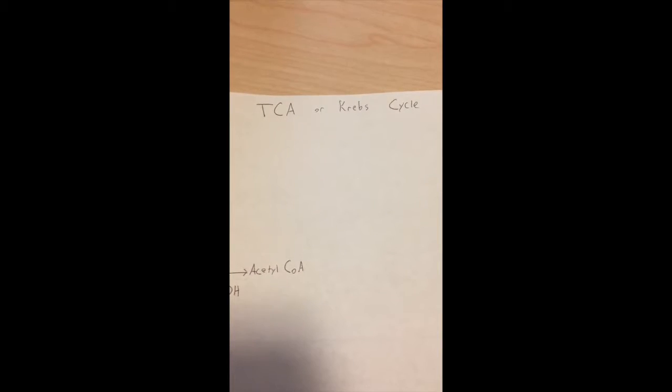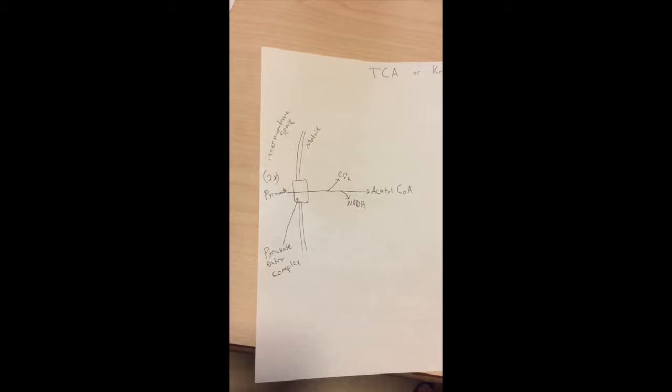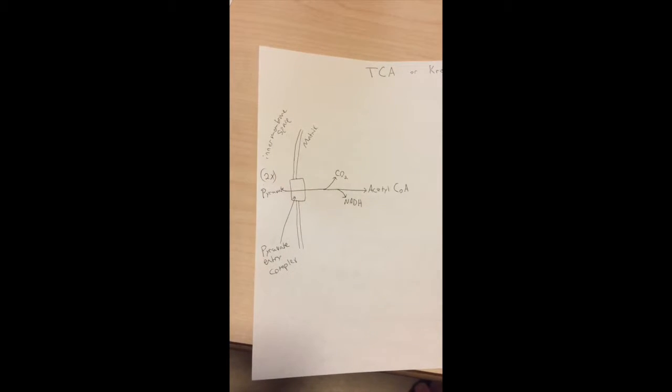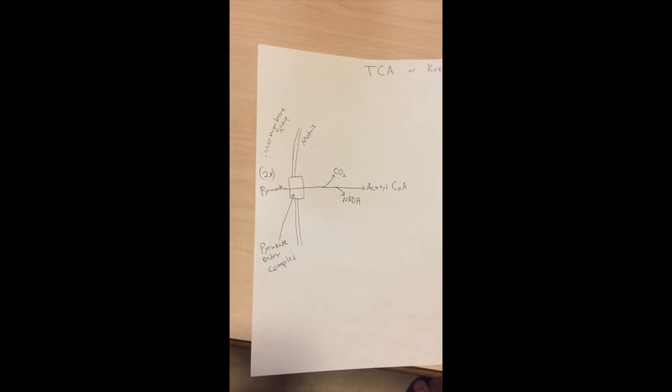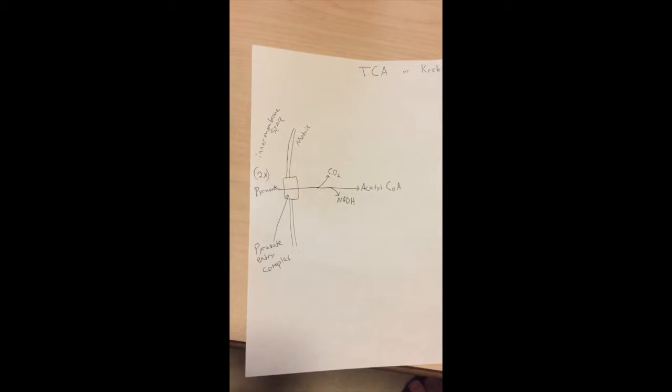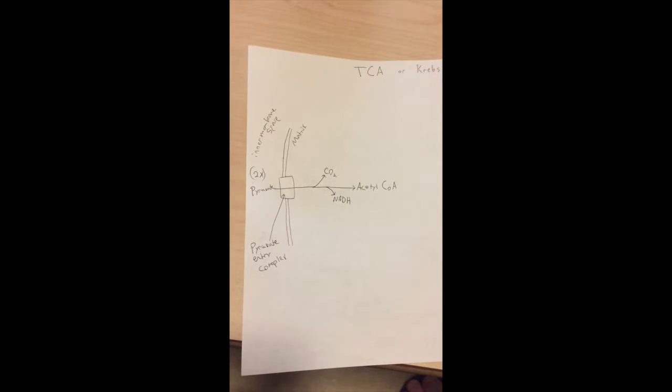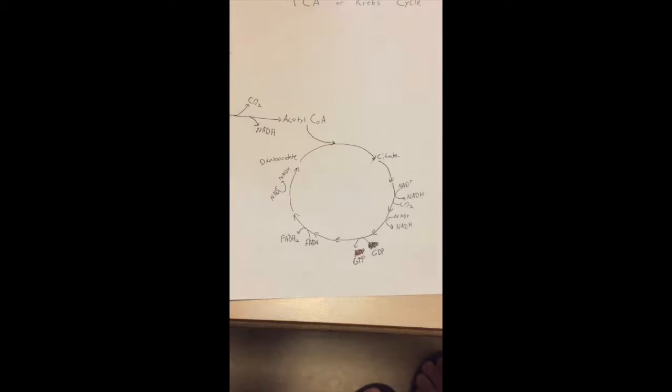Now we would talk about the TCA or Krebs cycle. After pyruvate has been made in the intermembrane space, it enters the matrix of the mitochondria via the pyruvate entry complex, or the pyruvate dehydrogenase complex. After it enters, pyruvate becomes a carbon dioxide molecule, an NADH molecule, and an acetyl-CoA molecule.